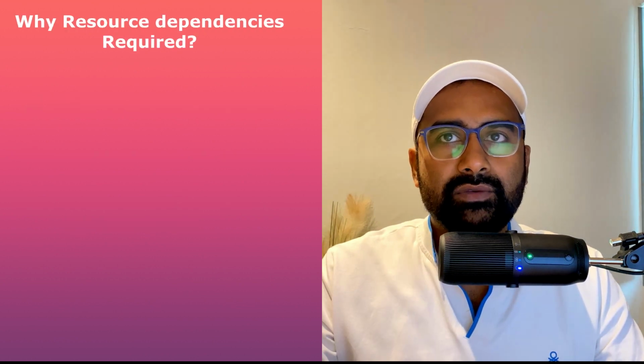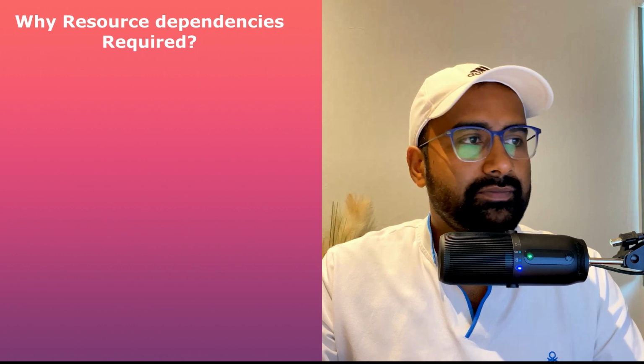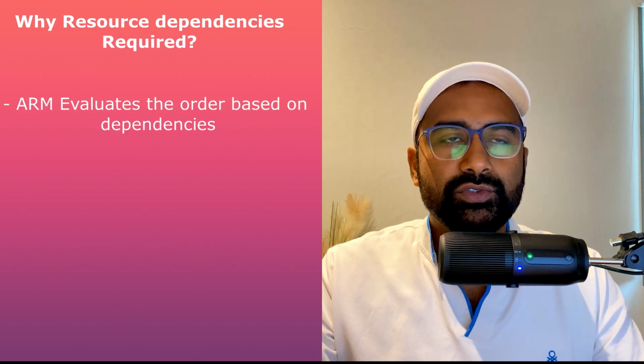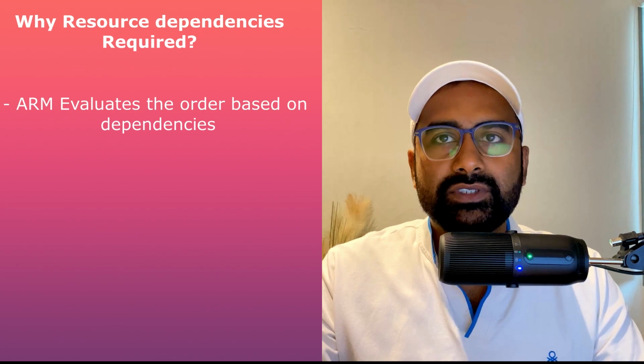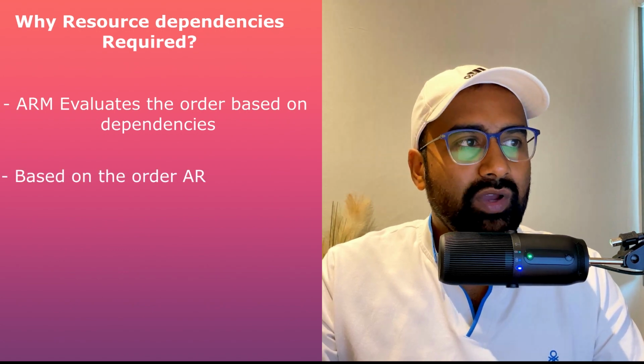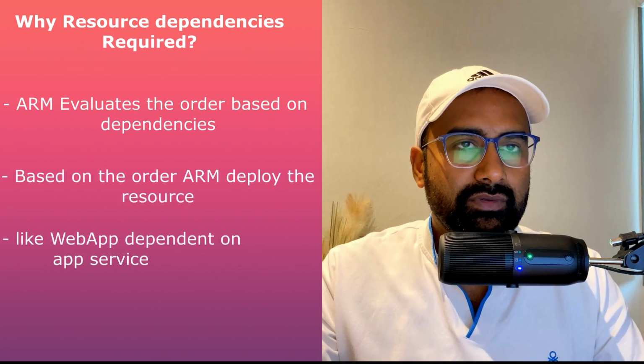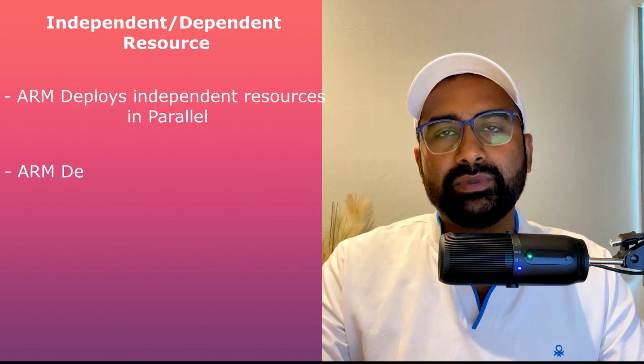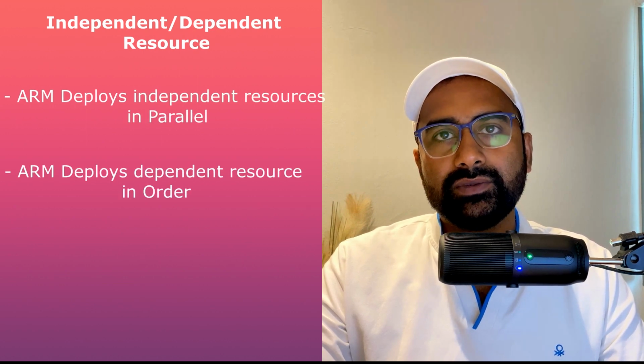Now let's understand why resource dependency is required. With the help of resource dependency, Azure Resource Manager evaluates the dependency between the resources and deploys them in their dependent order. When the resources are not dependent on each other, Azure Resource Manager deploys them in parallel. But if there is a dependency, it will deploy in sequence, right?